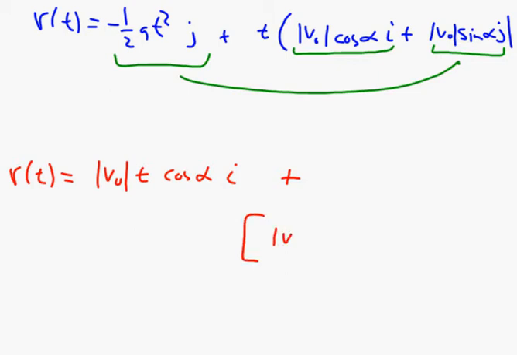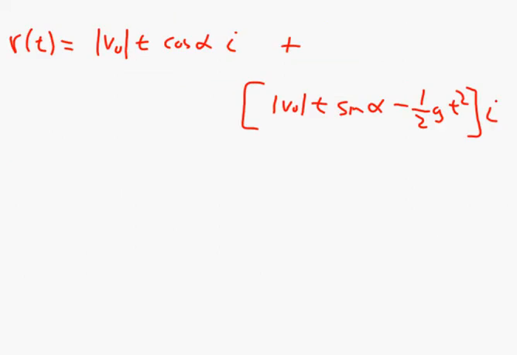The norm of V0 times t sine alpha minus a half gt squared times j. Okay, so now we have an expression for R of t, and with a little bit of thought, we can figure out what we need to do to maximize the horizontal distance traversed.